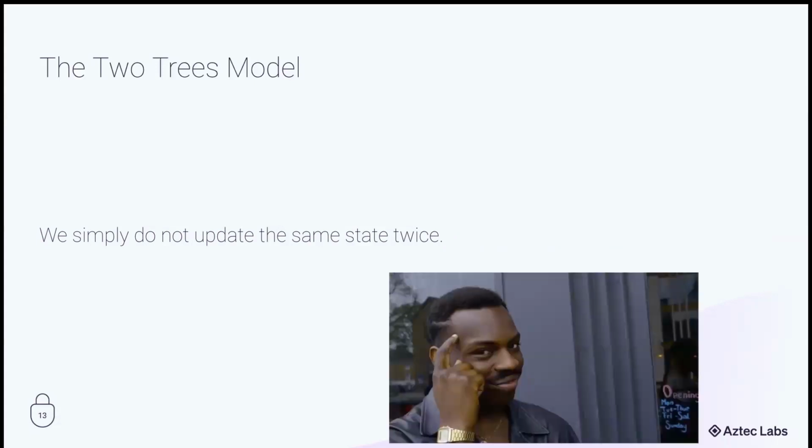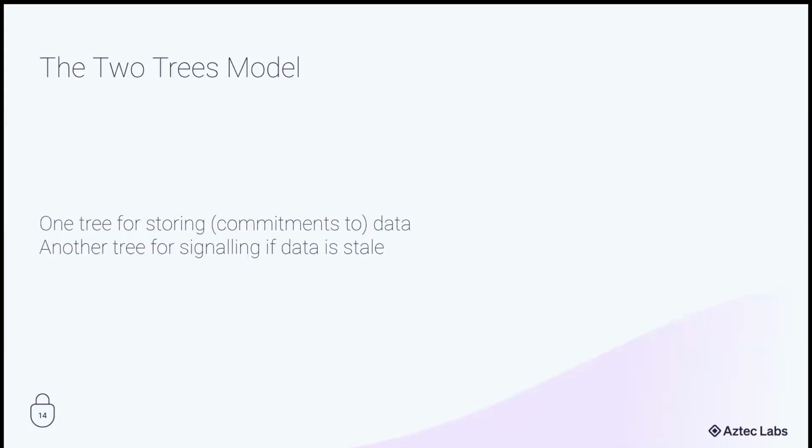So just simply don't update slots. To make this actually possible, we introduce a second tree. So we have one tree that is for data, where you're storing commitments to data, and you have a separate tree that is for indicating that this data had been consumed or nullified. It's often called a nullifier tree.